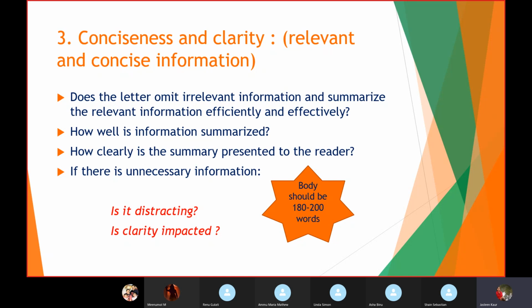So other than the word count, don't waste time in counting the words. Your focus should be on selecting the relevant information, and how you have summarized that information in a clear way. If I'm a neurologist, I want to know what happened. Okay, his BP is 160/90.